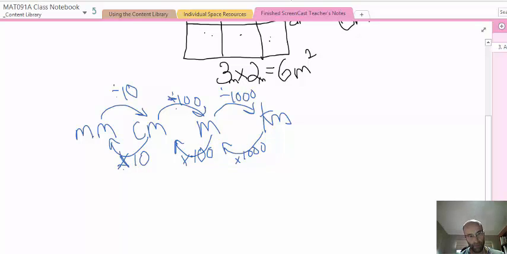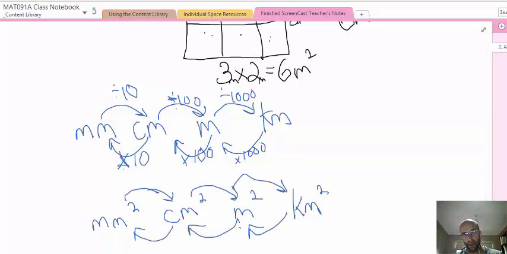But what if we're converting square units to area? Millimeter squared, centimeter squared, meters squared, kilometer squared. Is it the same? Well, it's actually not. We've got the following values here. But where do they come from? They're not the same as the ones above.